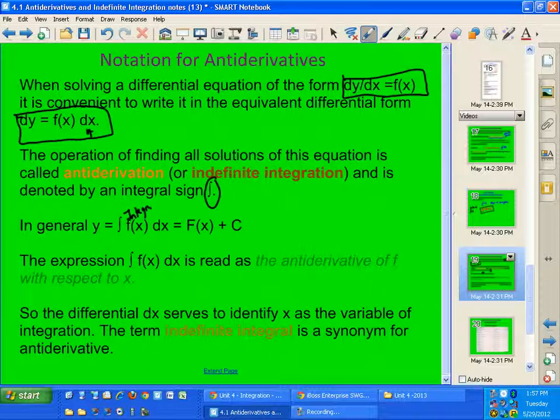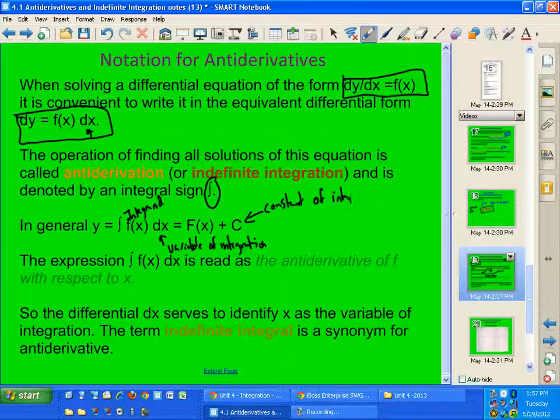And this is our variable of integration, what we're integrating with respect to, x. We're going to be changing powers of x. You probably recognize the c there as our constant of integration.